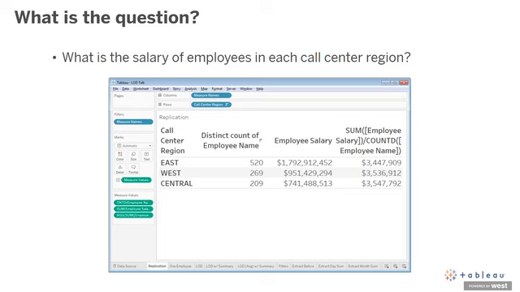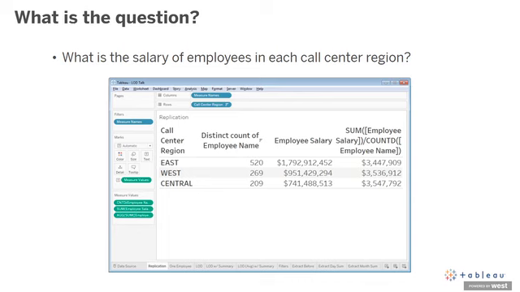But if we look at this visualization closely, it's saying that I'm paying my average employee $3 million plus, which seems a little excessive. I mean, that would be great, but I don't know that that's actually what's happening here. So even though that looks like the question I'm asking, it seems like it might not be correct.